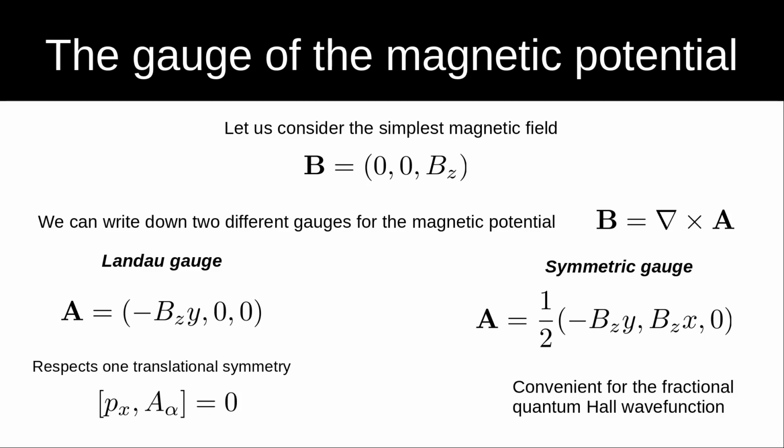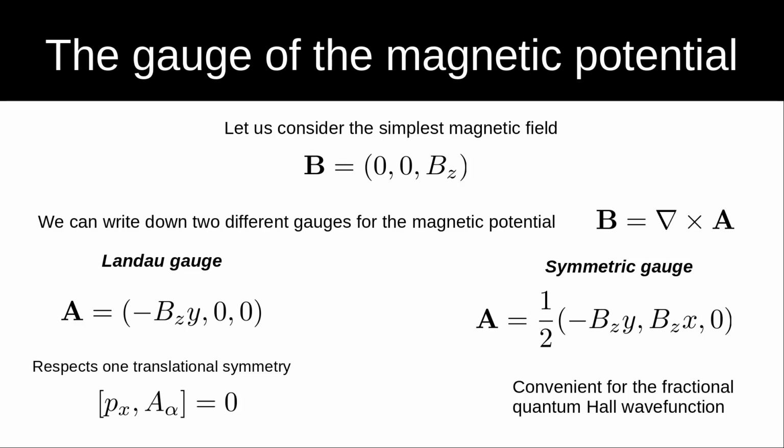This type of gauge is, for example, the gauge that we use in tight-binding models when we look at ribbons. And then there's another very important gauge, which is the symmetric gauge. The symmetric gauge breaks both translational symmetries in the system. So the Hamiltonian no longer commutes with Px, no longer commutes with Py, but it has the very special property that it treats x and y on the same footing.